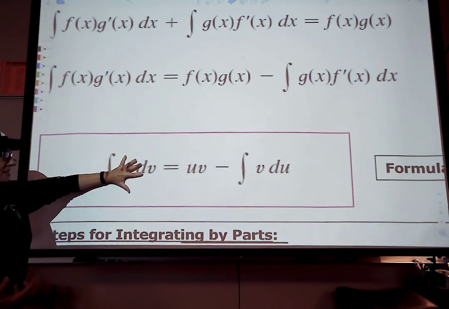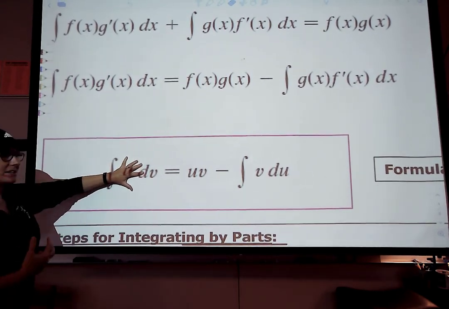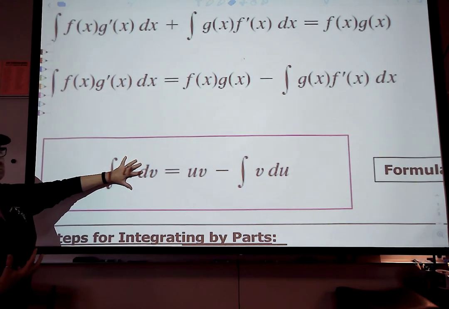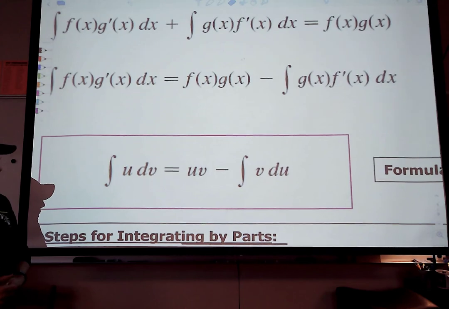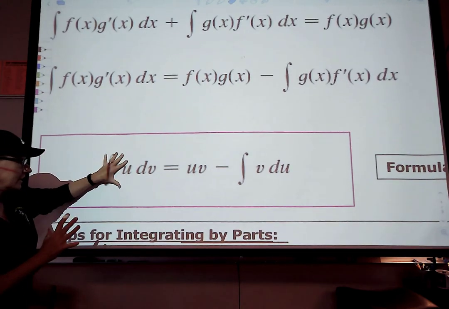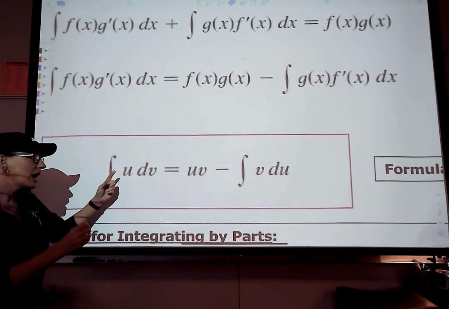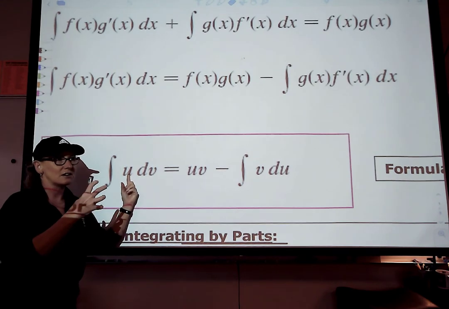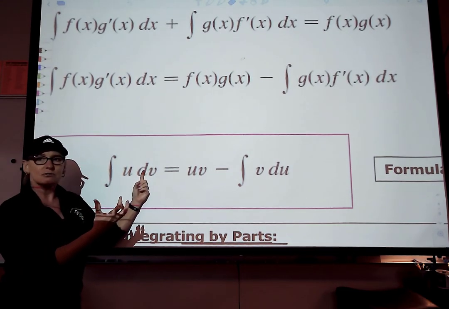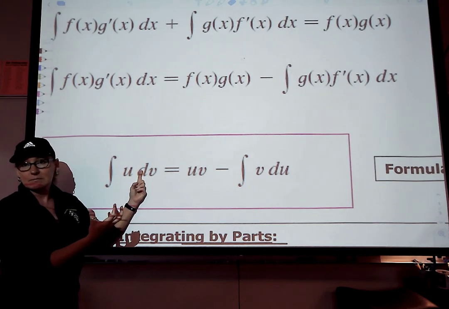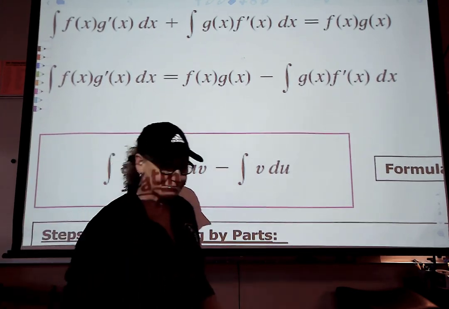Whereas this integral, just with a straight up basic integration, was not doable. Okay? So what we're going to do, we're going to look at an integral and we're going to try to think, you know what, I could identify this as the original function, and I could identify this as maybe the derivative of something. And we're going to set it up like that.